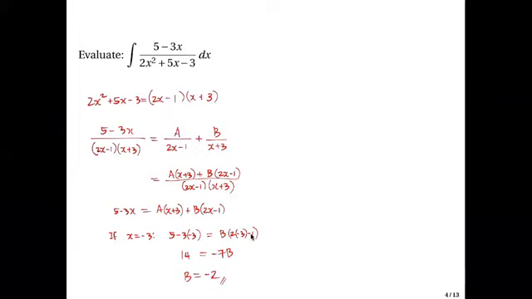And then to get A, we substitute x equals 1/2. So if x equals 1/2, on the left-hand side, we have 5 minus 3 times 1/2. On the right-hand side, we have A times (1/2 plus 3), and this B term will become 0.